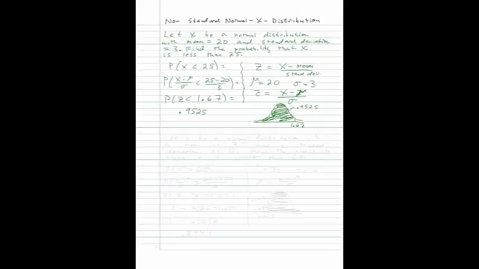So let's do a follow-up to that. This time we'll say, let x be a normal distribution with a mean of 75 and a standard deviation of 12.